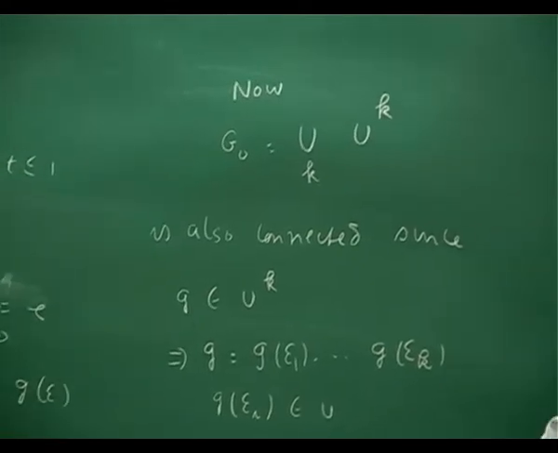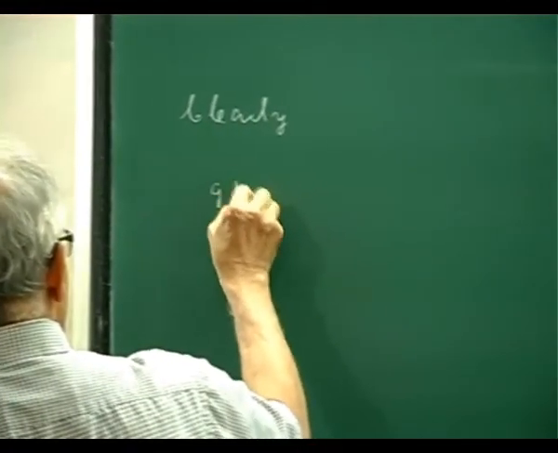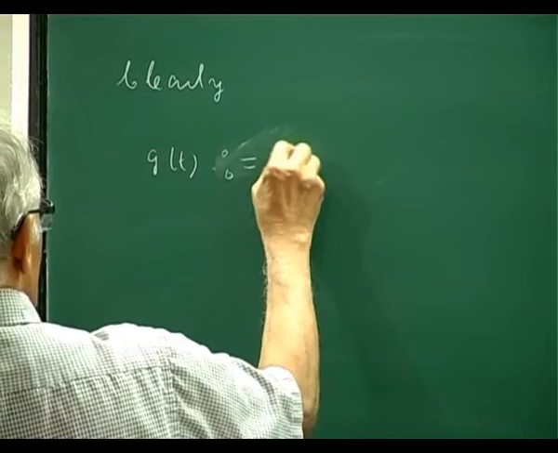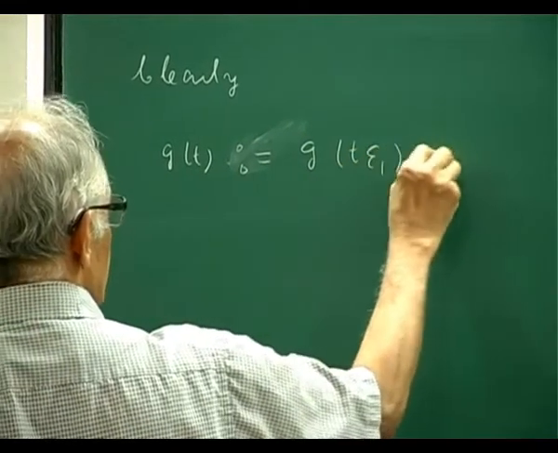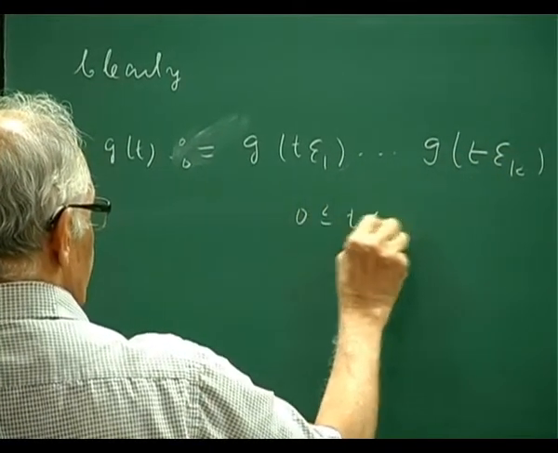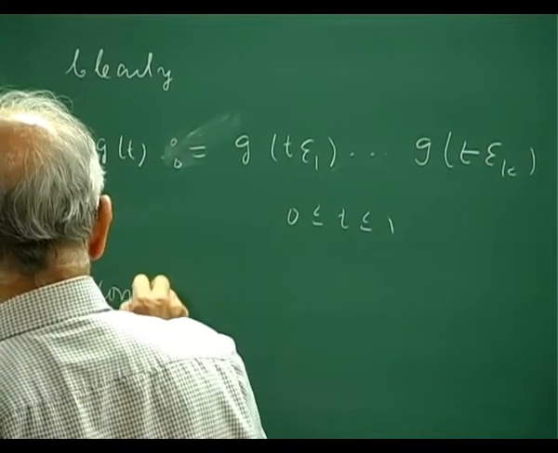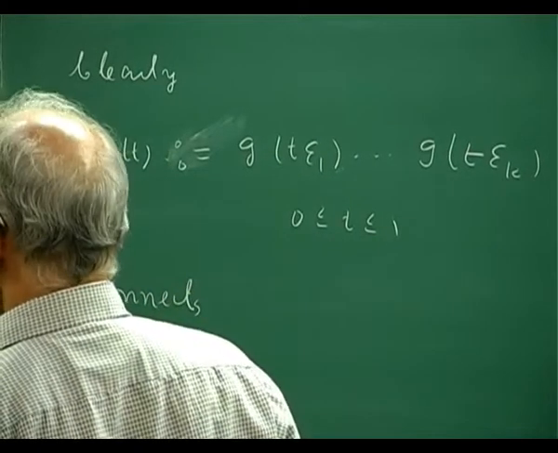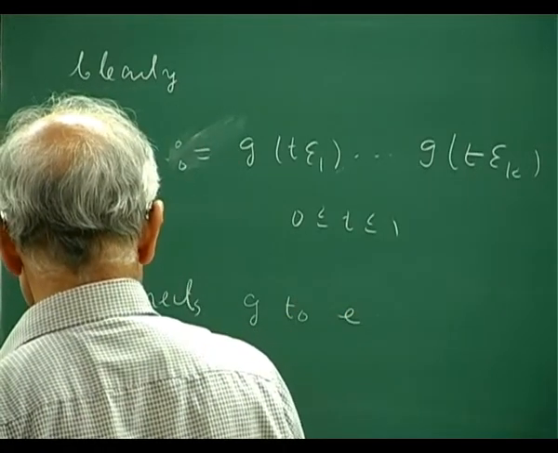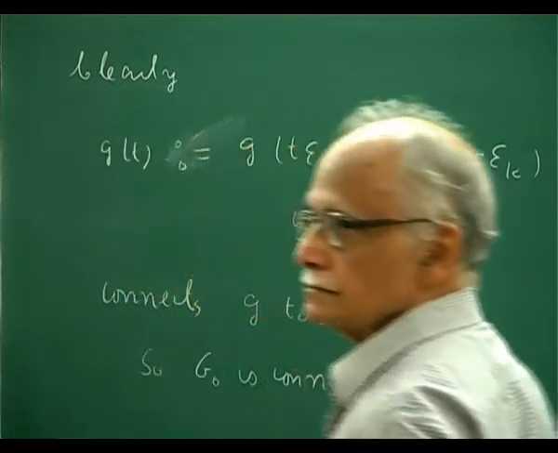And clearly g(t), which is by definition g(t epsilon 1) through g(t epsilon k), with t from 0 to 1, connects g to E. So G0 is connected.